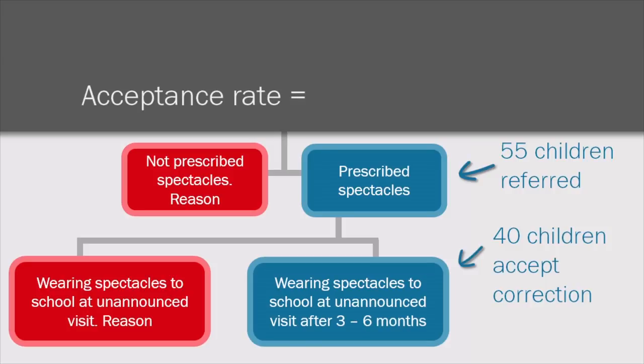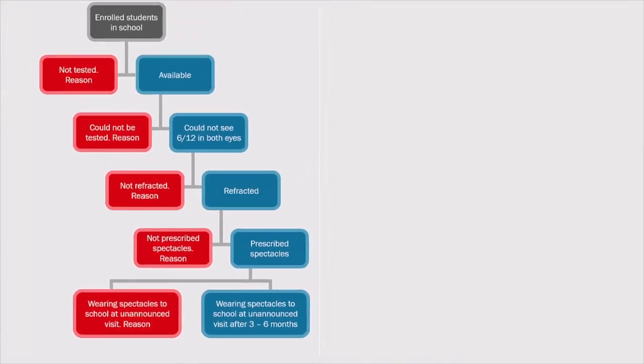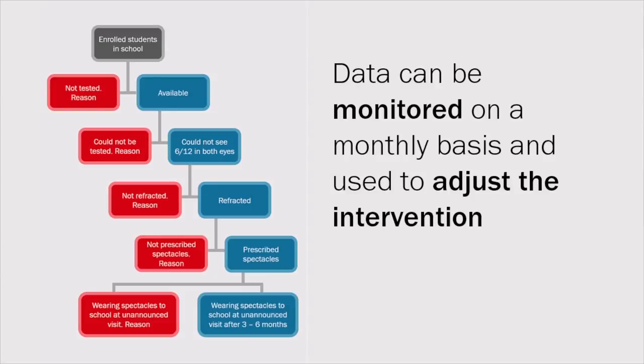To work out the acceptance rate, we divide 40 by 55 and multiply by 100, and this gives us a 73% acceptance rate. This data can be monitored on a monthly basis and used by management to adjust the intervention appropriately.